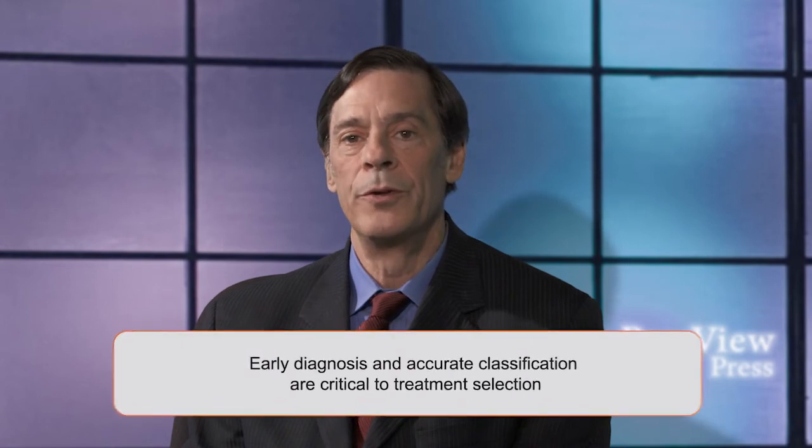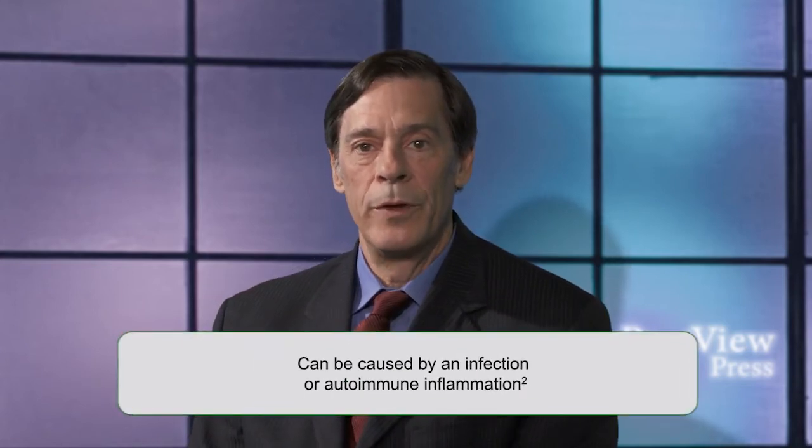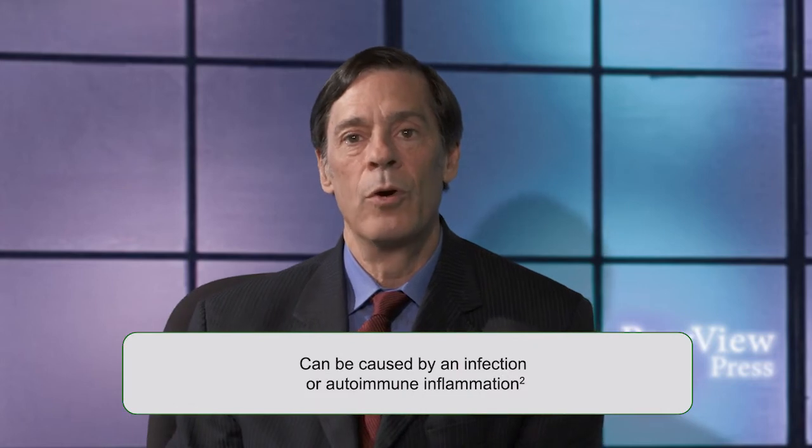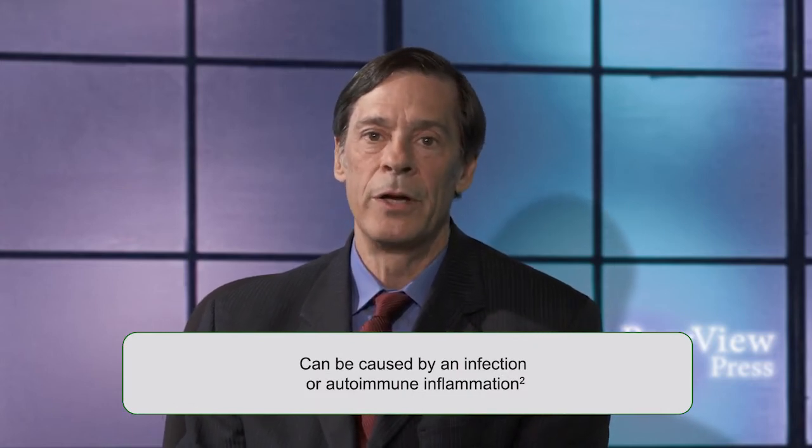Uveitis is a significant cause of vision loss and blindness in the United States and worldwide, and it's critical to diagnose this group of conditions early and accurately so that you can classify it and appropriately manage the condition. Uveitis can be caused by an infection or an autoimmune inflammation, and today we're going to be focusing mainly on non-infectious uveitis. So let's start by discussing the classification of uveitis.